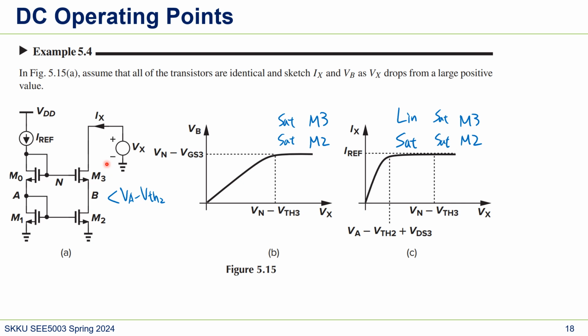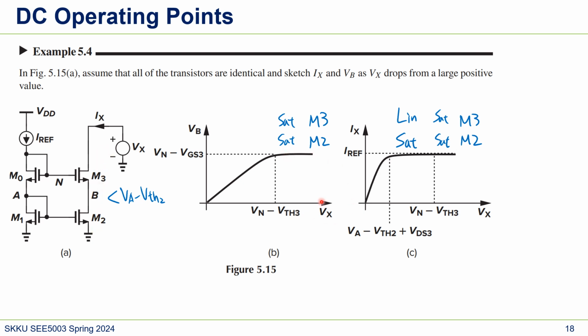But that doesn't make sense, because if this voltage goes low, in terms of this transistor, the VGS becomes really large. So the current from this area should increase. But since this is going to linear, the current should decrease in this part. So that doesn't make sense. So the M3 will go linear first. And then if Vx is really small, then both of them are in linear region.